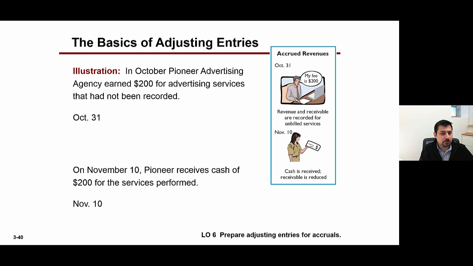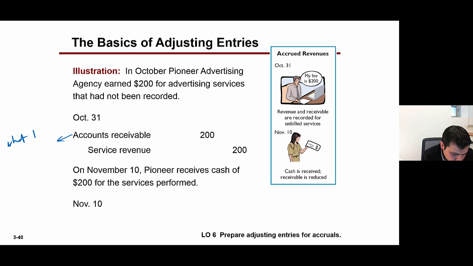As a result, the asset accounts receivable is debited $200 and service revenue is credited $200. This is money now that the customer owes them. Now, on November 10th, Pioneer receives cash of $200 for the services that they performed.